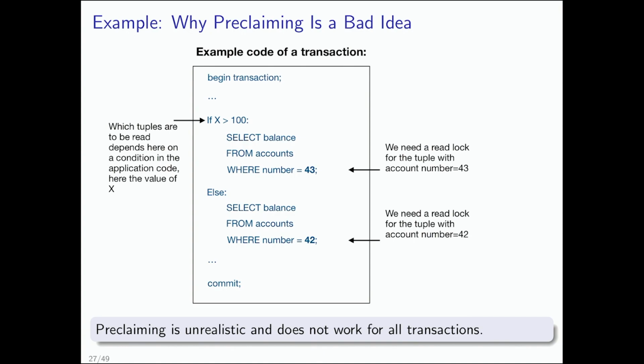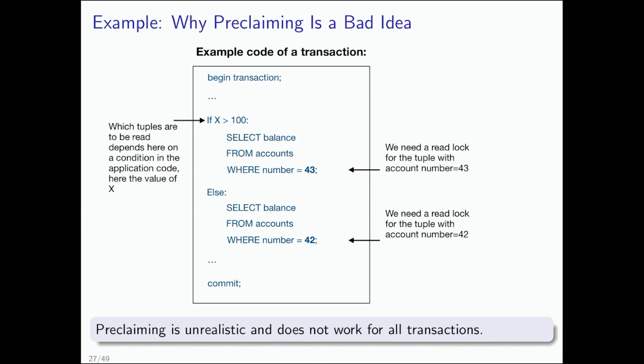What happens in transactions is that when starting the transaction, the transaction doesn't know which tuples are affected by its operations. Here, for instance, which tuples are to be read depends on the condition in the application code, here the value of x. Maybe there was another read operation happening here. If it's strictly greater, you select this tuple with 43.